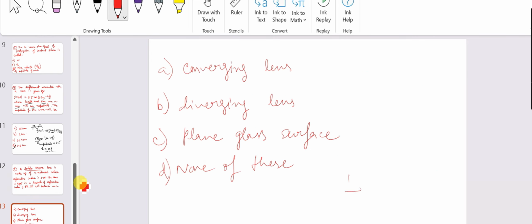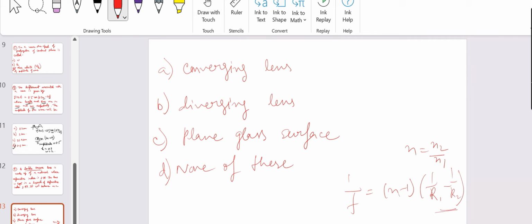Because of the formula, we know 1/f is equal to (n minus 1)(1/R1 minus 1/R2). So here n is basically the ratio n2 by n1, and the ratio here is less than 1.